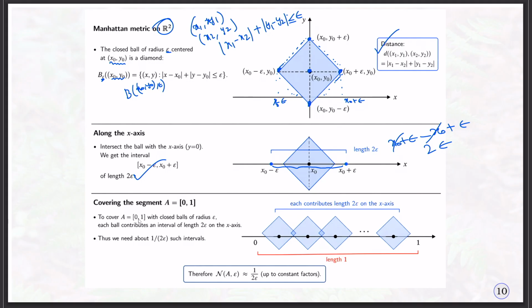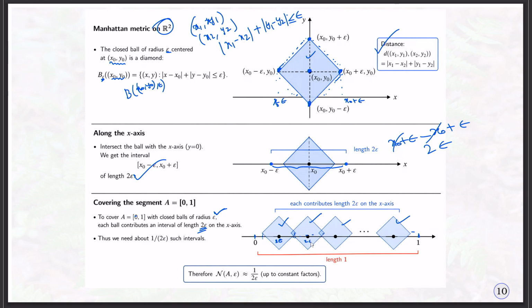Now, if you want to cover the closed interval [0, 1] with closed balls of radius epsilon, each ball contributes an interval of length 2 epsilon on the x axis. If this is your interval [0, 1], each ball looks like this diamond shape, and each ball contributes an interval of length 2 epsilon.